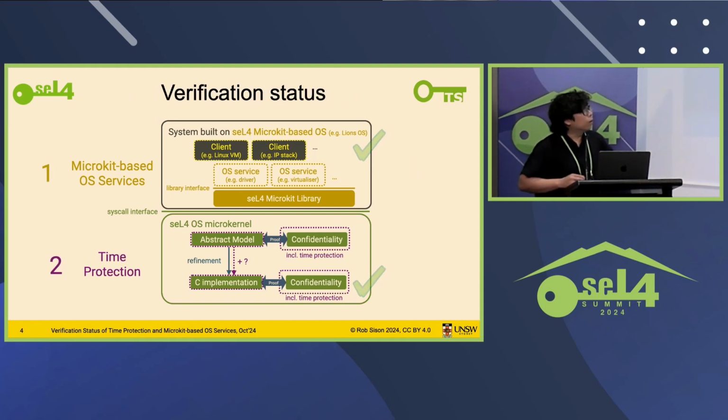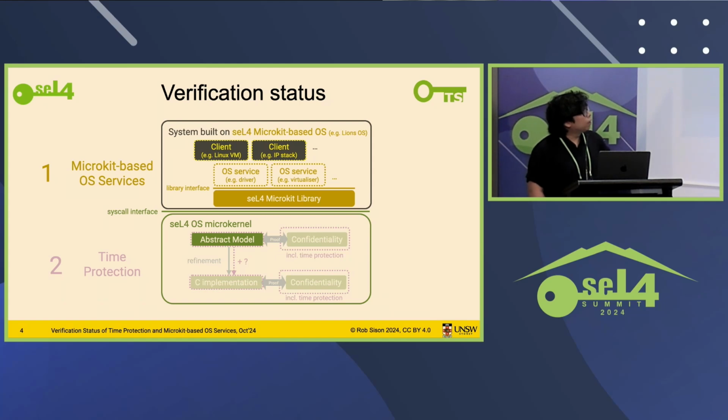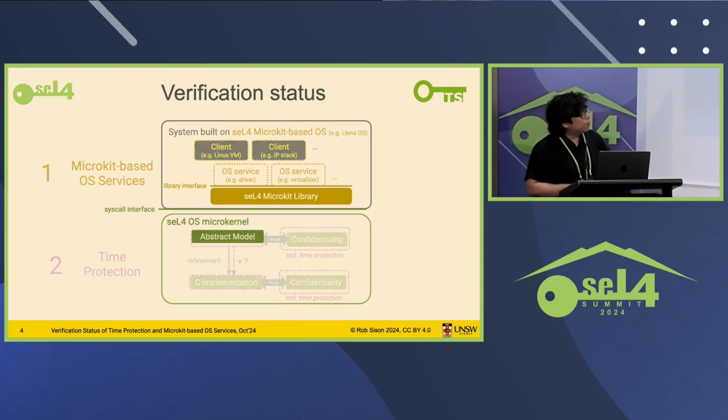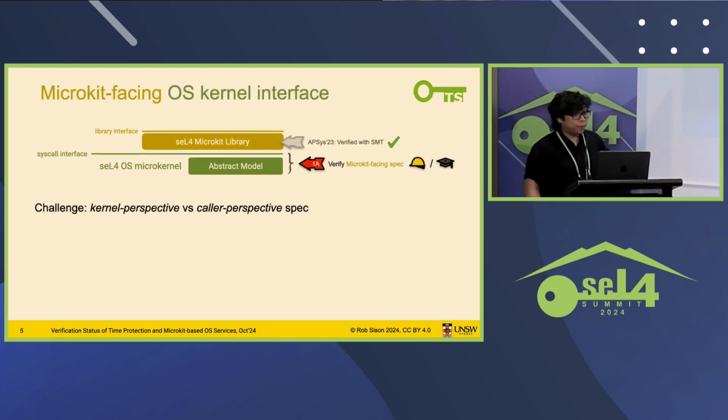Okay, so where are we on that, focusing on the efforts that are happening at UNSW? First I'll focus on the userland story, because that's where we happily have more progress to report in recent times. The very first step builds on top of a result that we achieved early, which was the verification of the Microkit library using an SMT solver-based approach.